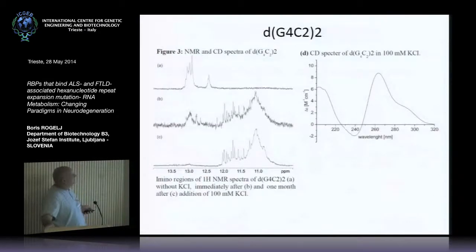We did this then for a 2-repeat G4C2, and what we see is that immediately following potassium chloride, there's also some Watson-Crick signal here, so it's normal base pairing, and this is where the G quadruplex pairing comes in. So there is some formation, but it's a lot less uniform. But there's still a lot of parallel structure happening in the 2-repeat.